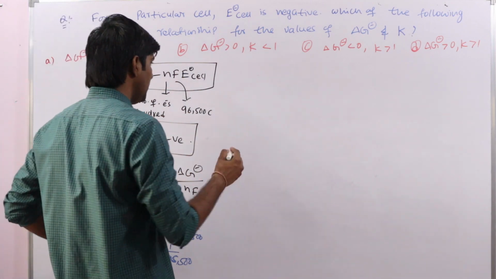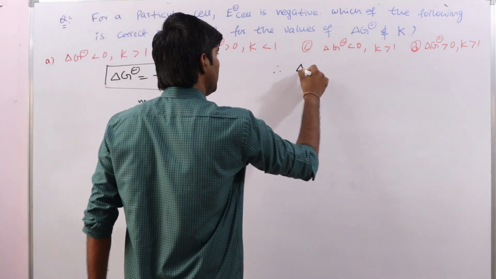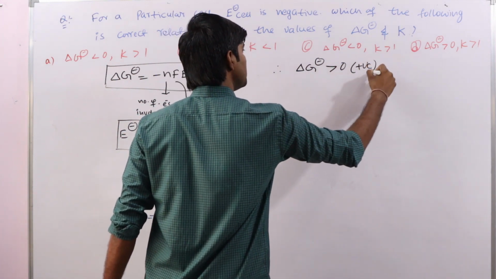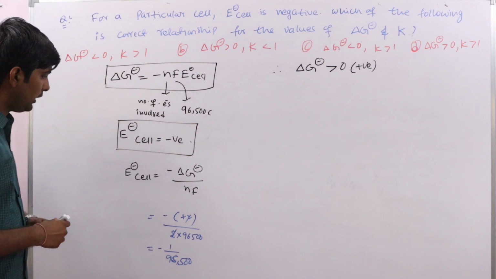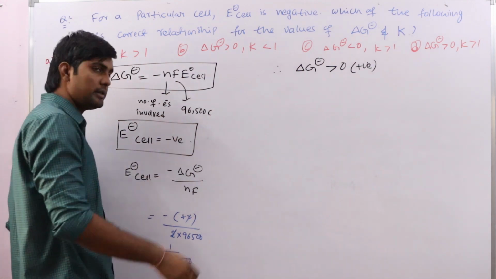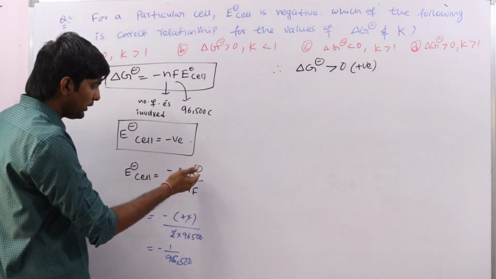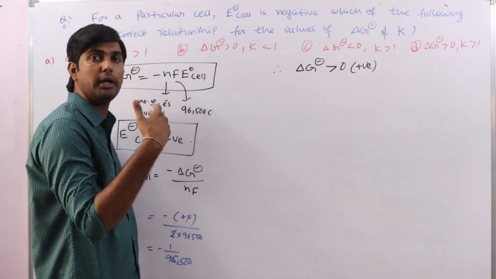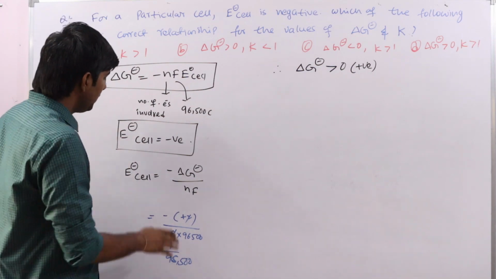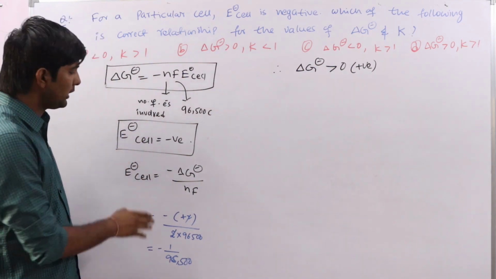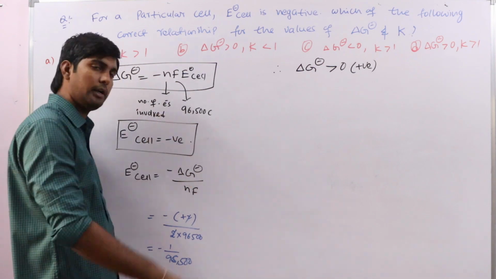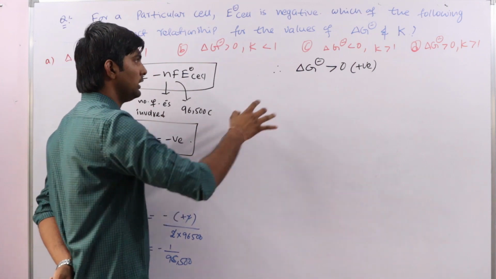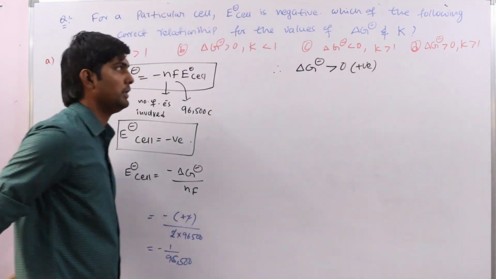Therefore we can say that definitely delta G naught must be greater than 0. Then only we get E naught cell as negative. Suppose delta G naught is negative, less than 0, then minus into minus will be plus, so E naught cell is positive. But here we should get E naught cell negative, and for that delta G naught should be greater than 0.